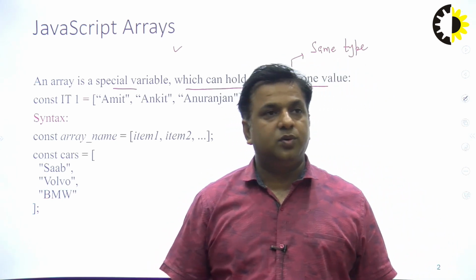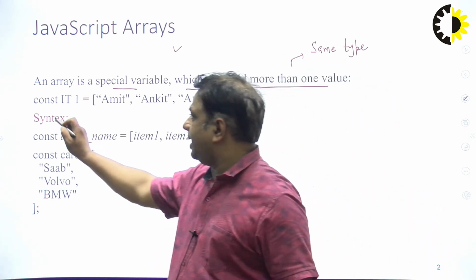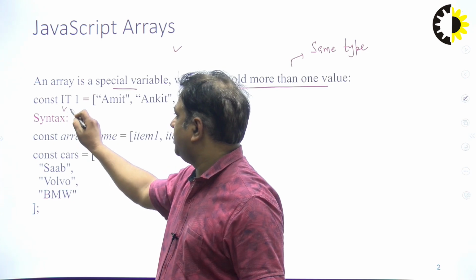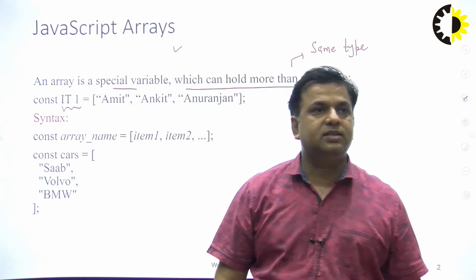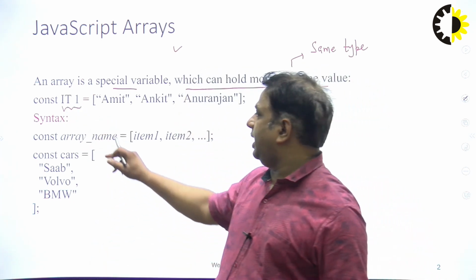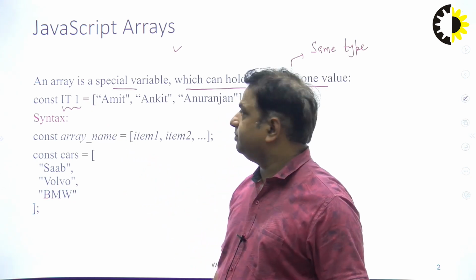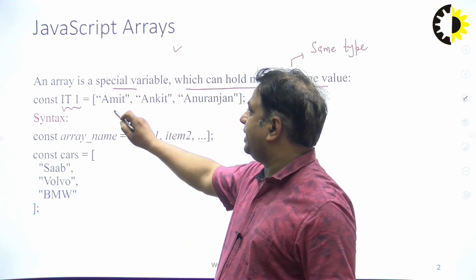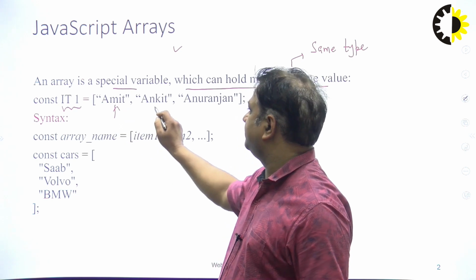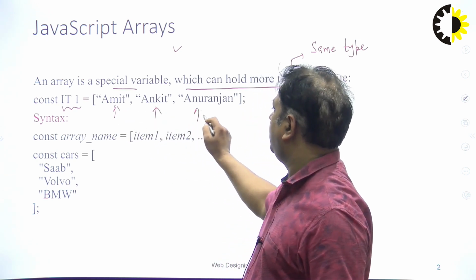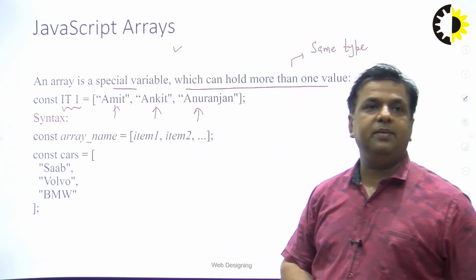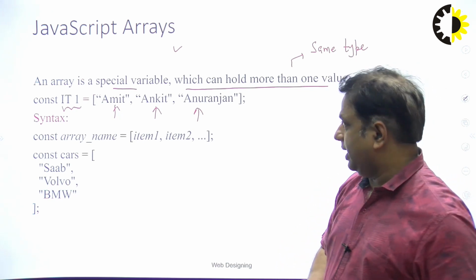So for example, here we have an array whose name is, suppose the class, it1. The name of my array is it1, and it contains elements Amit, Ankit and Anuranjan. So these are the three elements of my array, right?